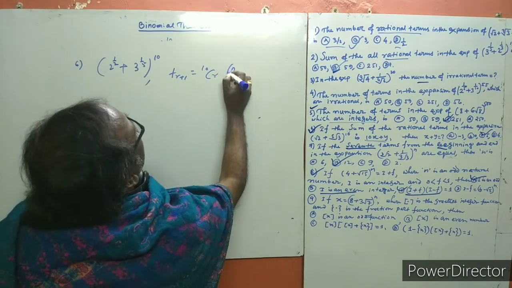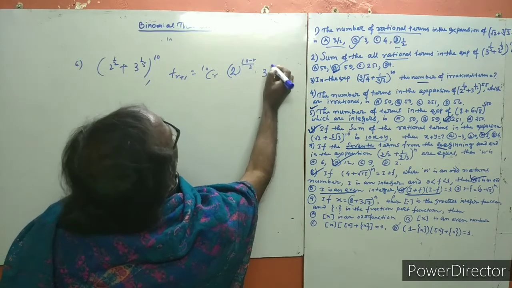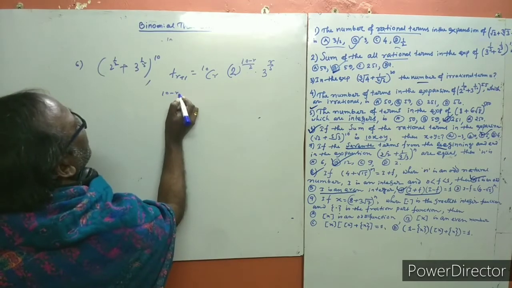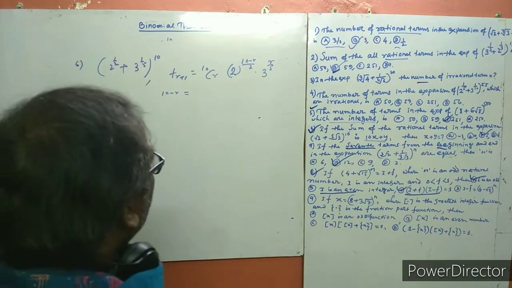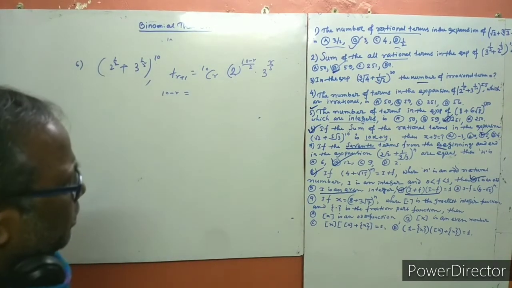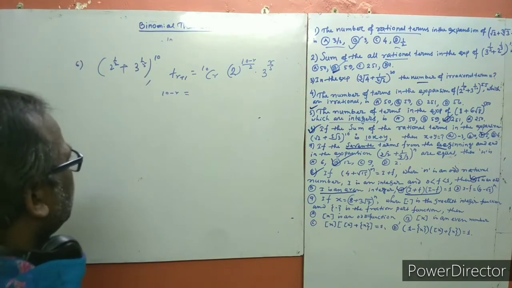That is 10CR, 2 to the power (10 minus R) by 2, and 3 to the power R by 5. So again 10 minus R, and the LCM of 2 and 5 is 10.